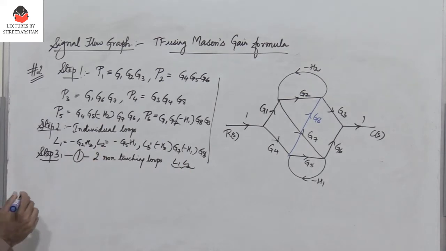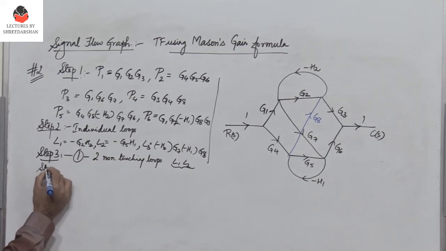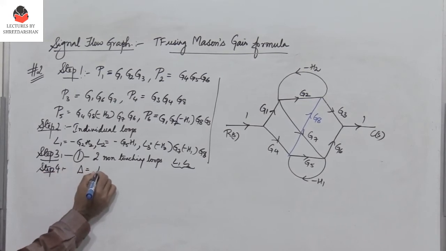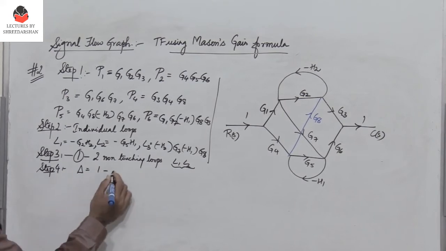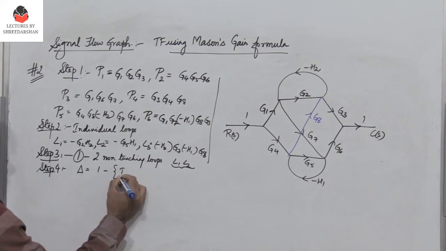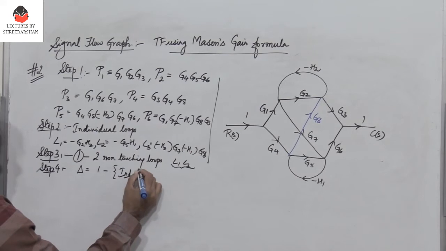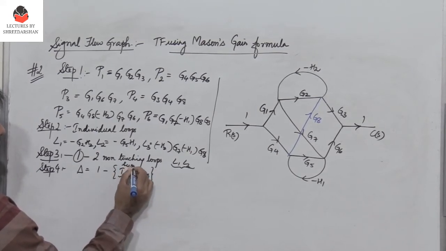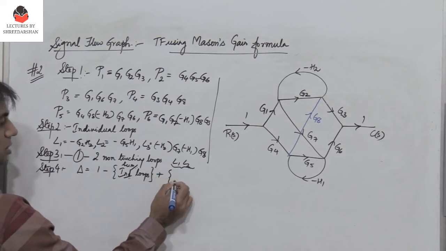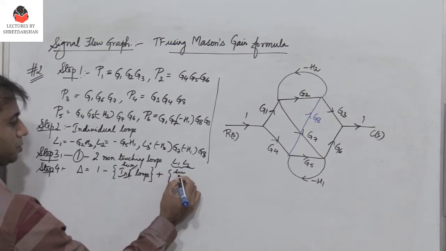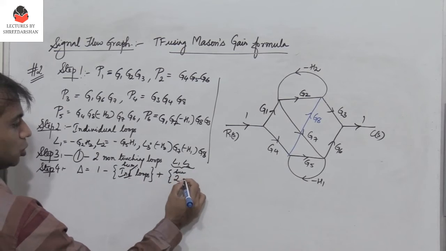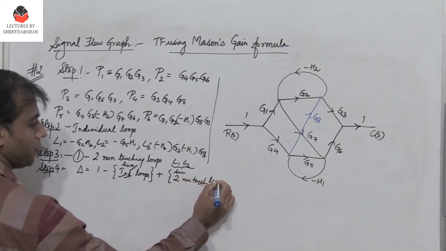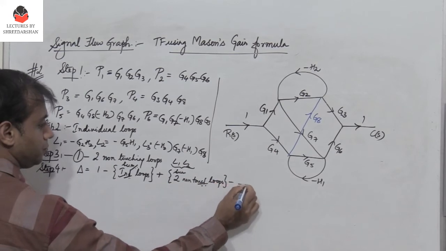So now let us define what is delta. Delta is 1 minus the sum of the individual loops plus the sum of 2 non-touching loops, and so on.